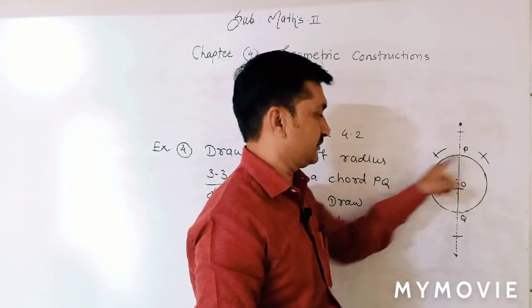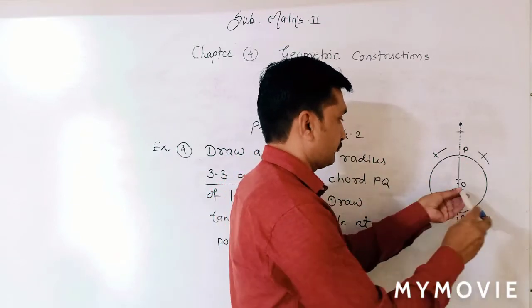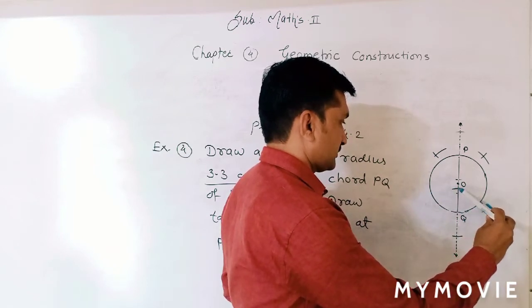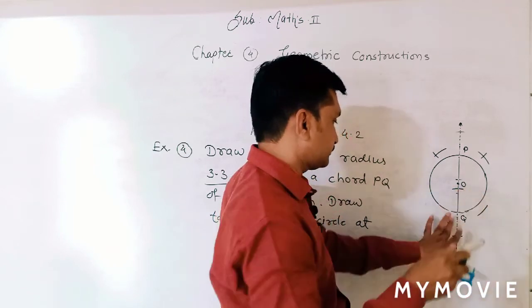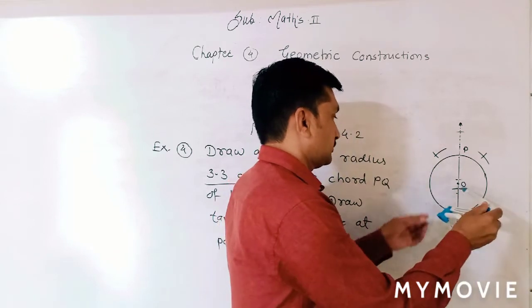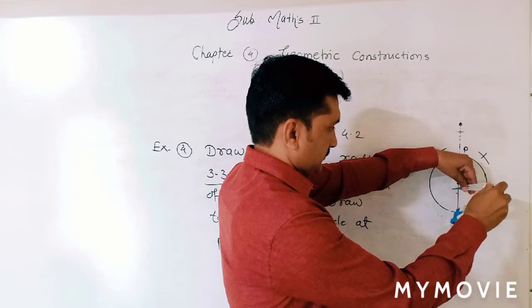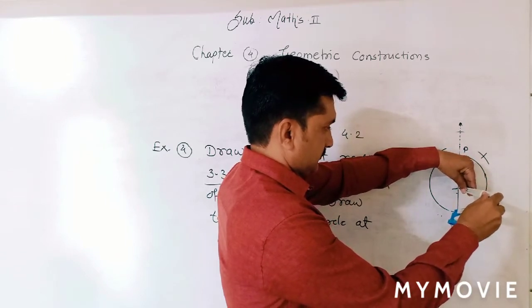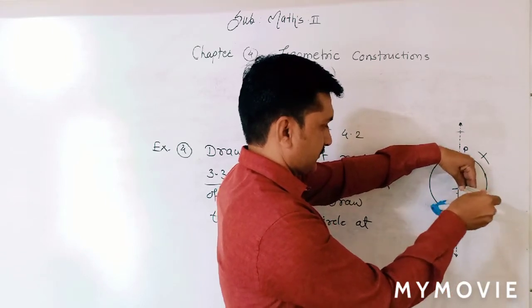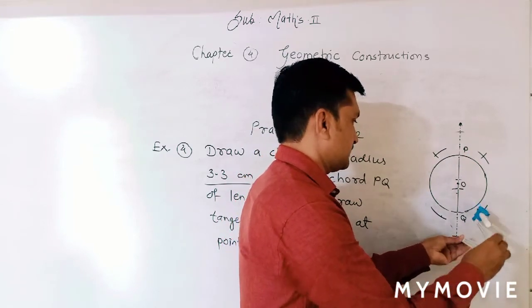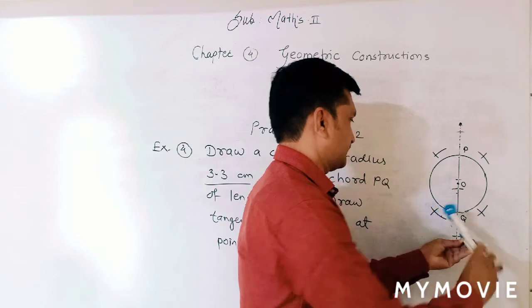The line will come from here. In the same way here also, from this arc, not on O, from this arc, right and left.